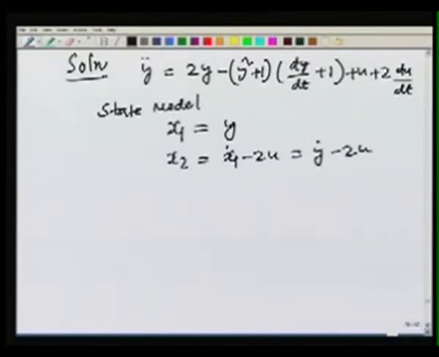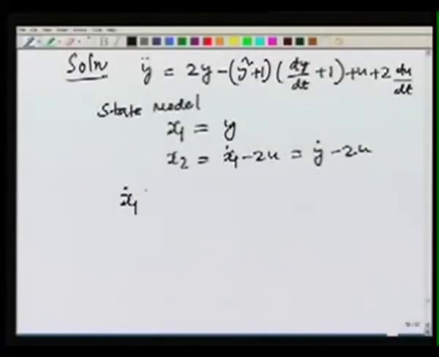With this definition you can write x 1 dot, which is y dot, and y dot is x 2 plus 2 u.